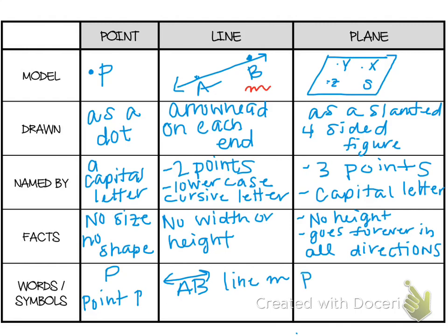So when I'm naming a plane, I can either name this plane XYZ, and it doesn't matter what order the letters go in, or I can name this plane S. If you look, my S doesn't have a dot, it's not a point, so I can just name it plane S as well. Okay, we're going to move on, not to the next page, but one second.